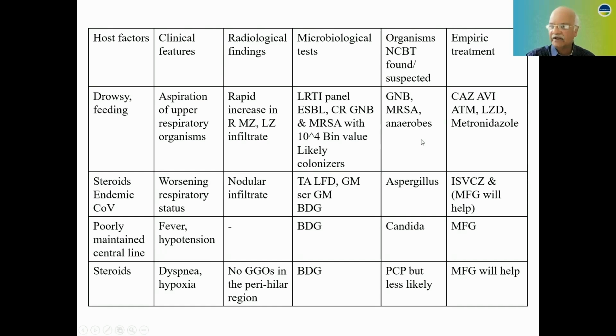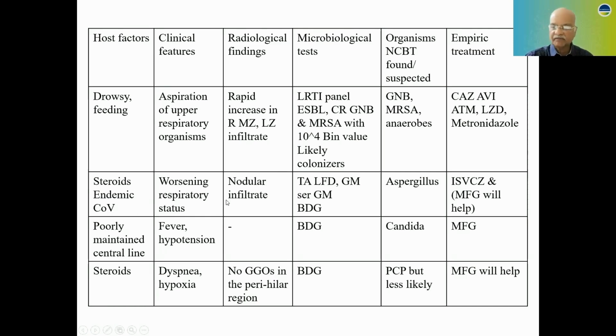Additionally, the patient might have anaerobes, which have to be suspected. And remember that the treatment which was given, like ceftazidime, avibactam, aztreonam, does not work for the anaerobes. So you need additionally metronidazole. Now, this patient had received steroids for that spinal problem, and he also had an endemic coronavirus.